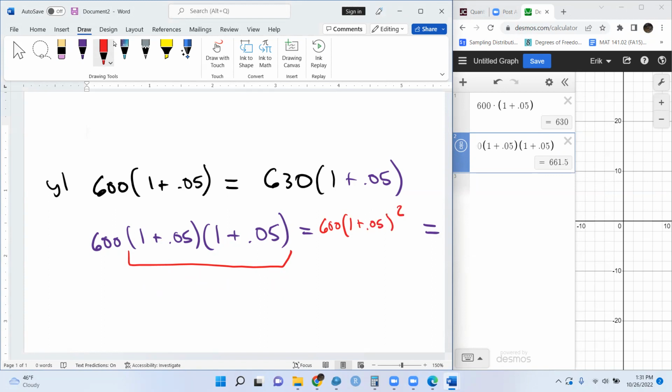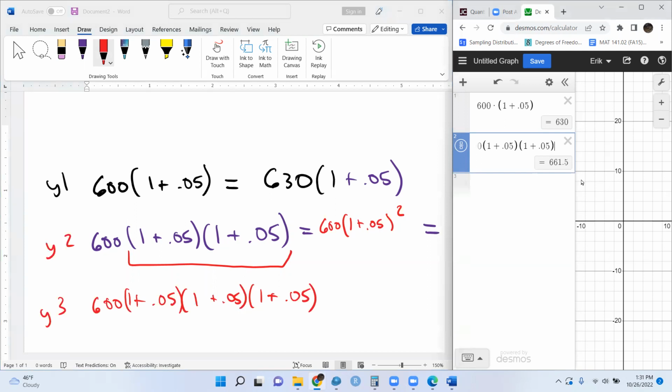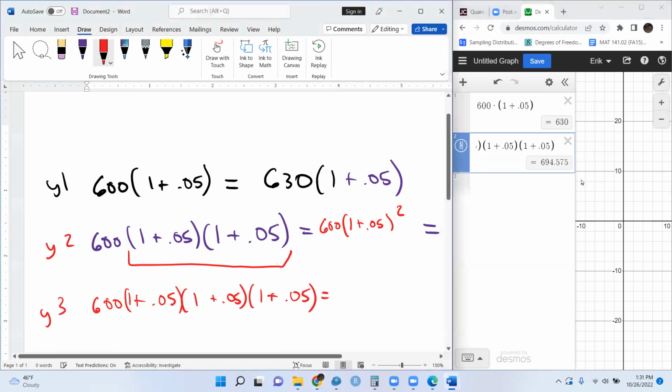That's the same thing. Well, if we go for year 3, this whole thing represents year 2. So we're actually just going to take that and multiply by another 1 plus 0.05. And that gets us the third year, 694.575. In other words, this.